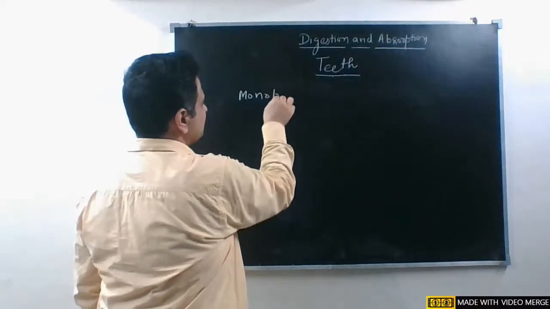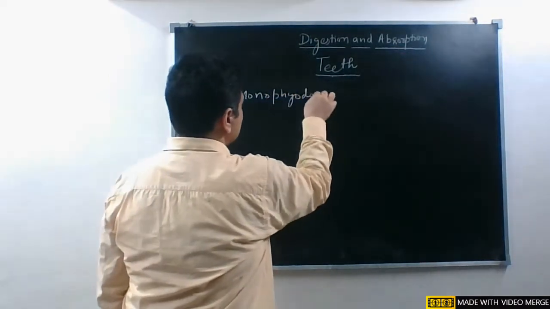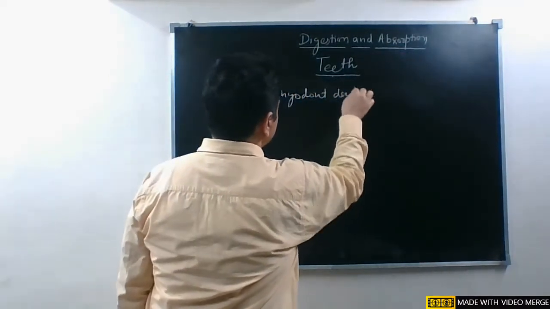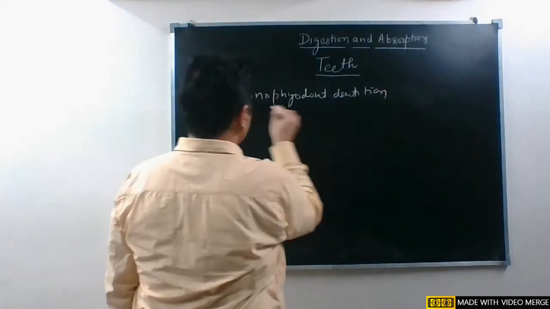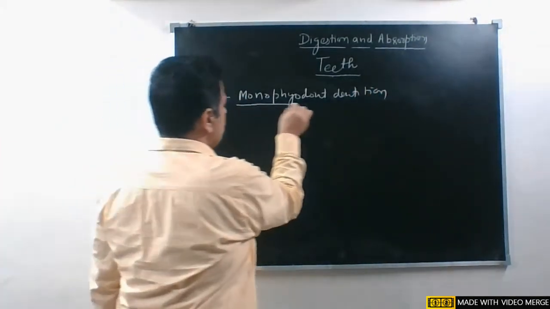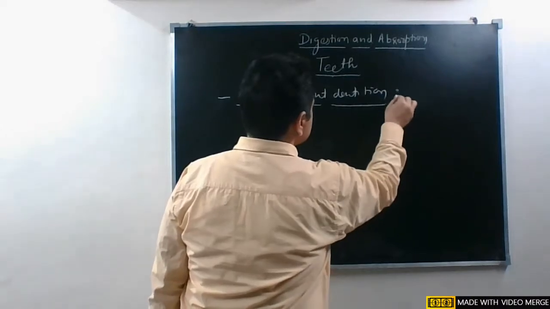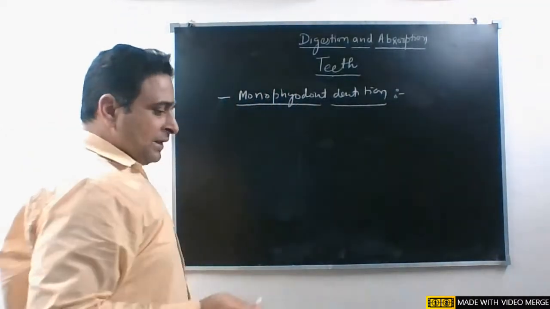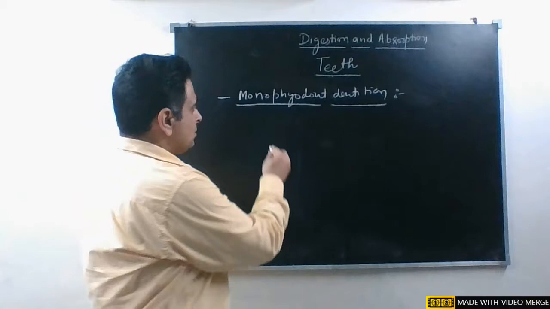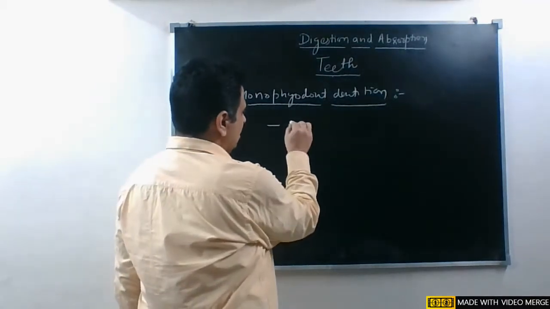Students, next is monophyodont dentition. Monophyodont dentition means that the organism has only one set of teeth throughout the life.